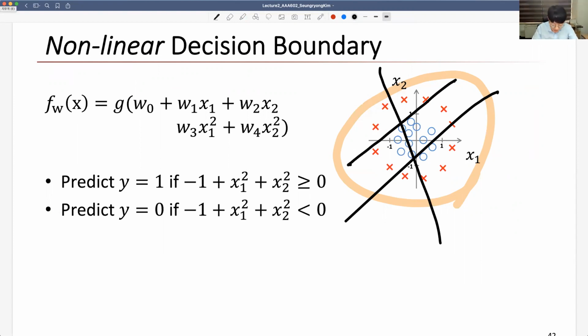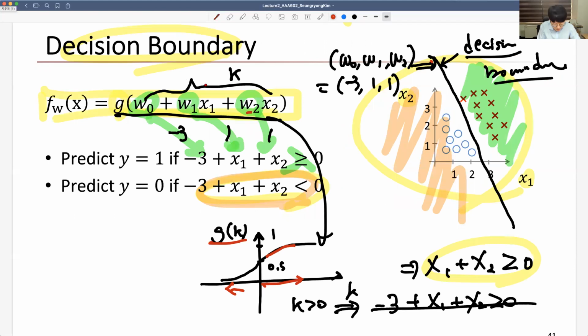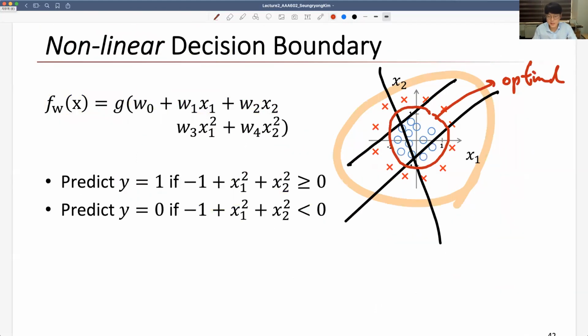Maybe the optimal decision boundary will look like this one. But if we consider only a linear function similar to this one, we cannot find a decision boundary like this.